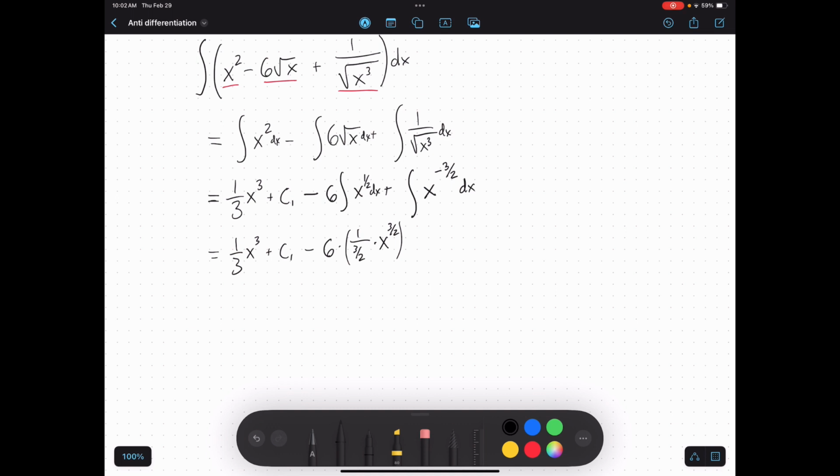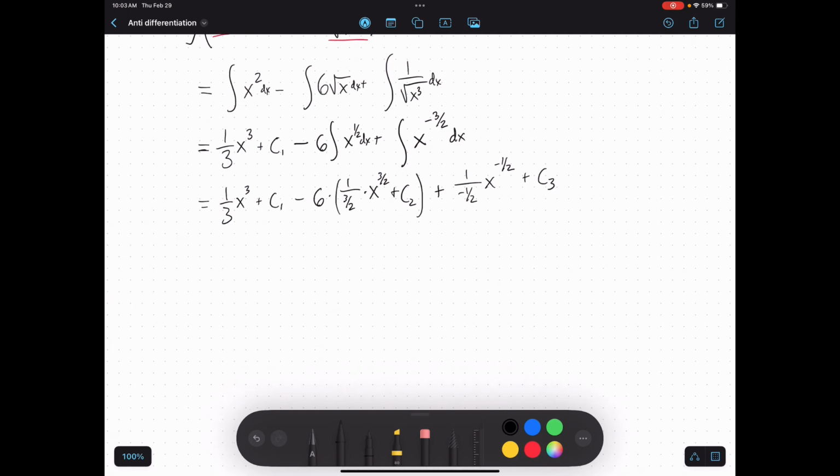Oh, and then of course I'm going to have a plus c. I'm going to have a general constant for this second antiderivative. And then this one, I'm going to have 1/(negative 1/2) times x to the negative 1/2 plus c3. And that's once again just using the power rule for my antiderivatives.